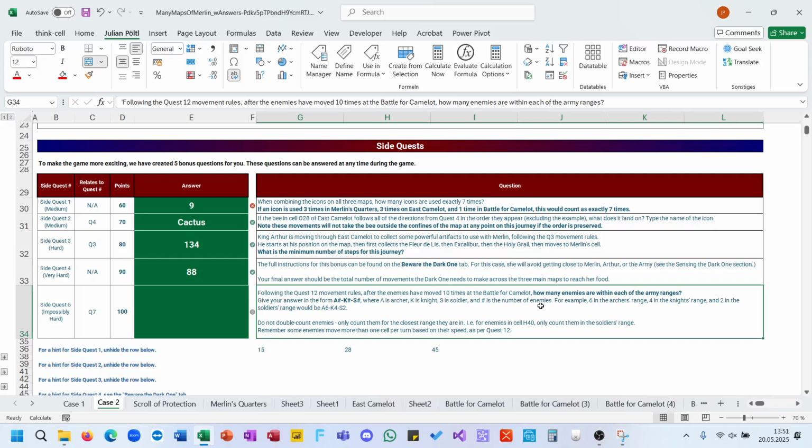Following the quest 12 movement rules, after the enemy have moved 10 times, how many enemies are within each of the army ranges?